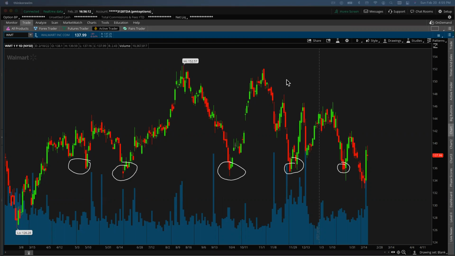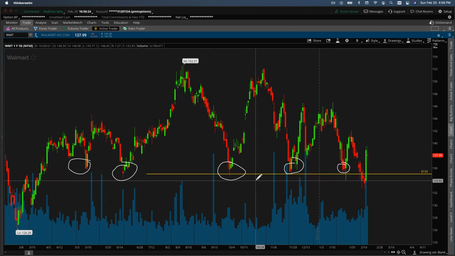If I really look at the price levels, it all comes down to this 135 level. Of course, the daily candlesticks are not going to close perfectly at 135, but they close around it.